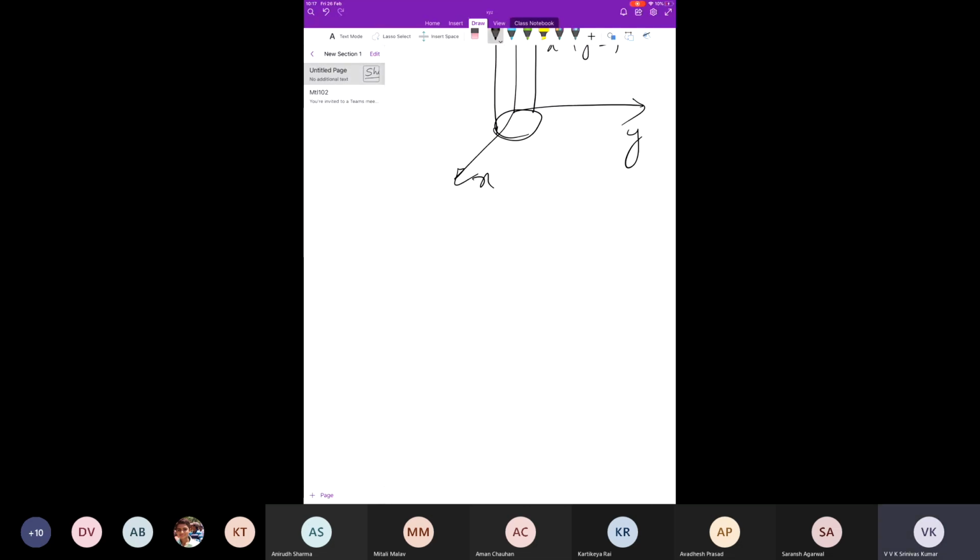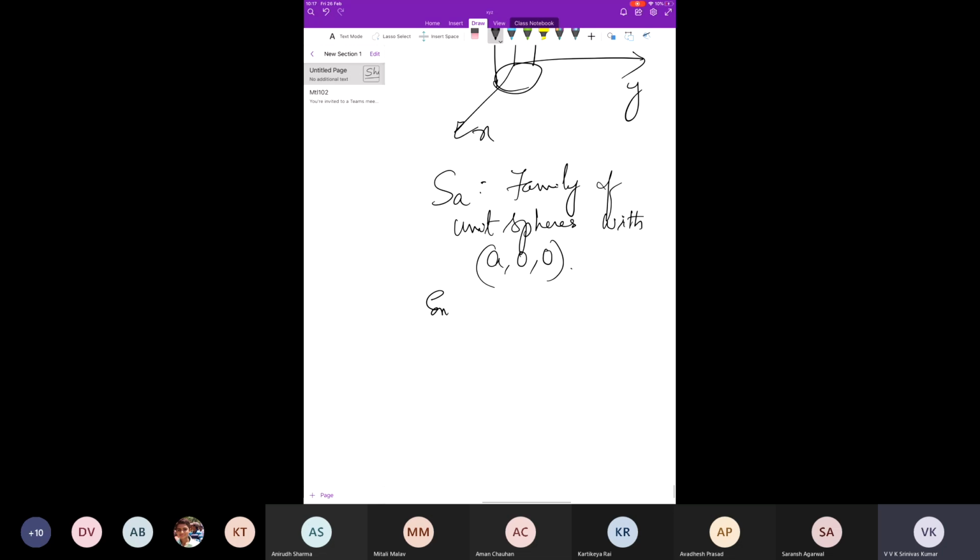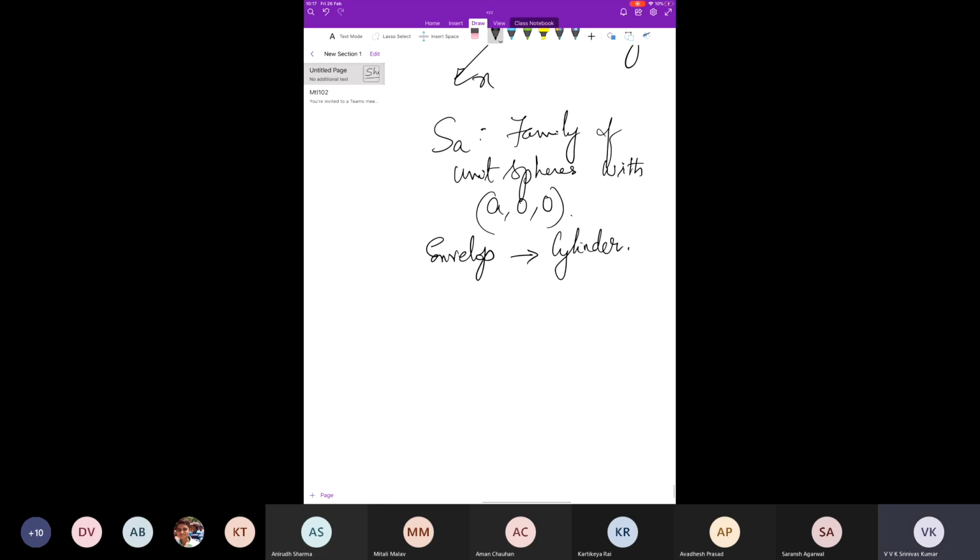If you take the spheres S_a as a family of unit spheres with the center at a, 0, 0, the envelope of this will be a cylinder, the surface of a cylinder.